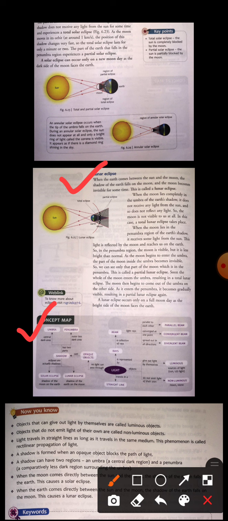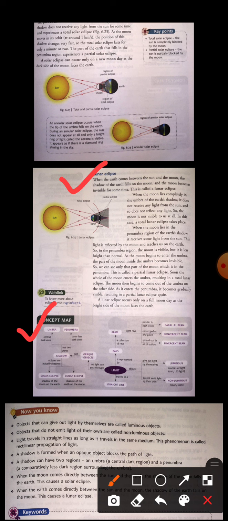We have to know about rays and beams, different types of beams like parallel beam, convergent beam and divergent beam, and their definitions also. And we have to know what is rectilinear propagation of light, and about the pinhole camera, because the pinhole camera is an application of rectilinear propagation of light, and which type of image is formed by the pinhole camera.